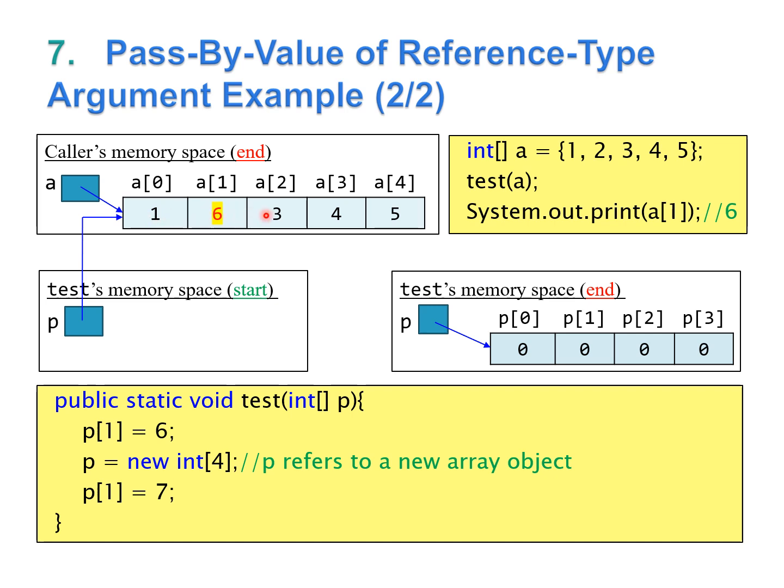So the value of a[1] is still 6. If you print out the element a[1] after the test method call, it will show the value 6 instead of 2 or 7. Note that here only the reference of the array created in the caller is passed to the method test, not the entire array object.